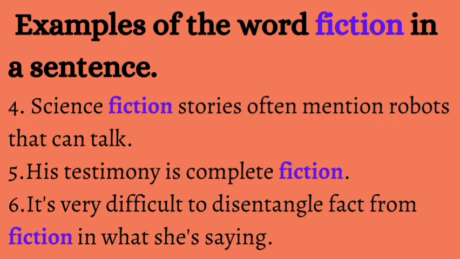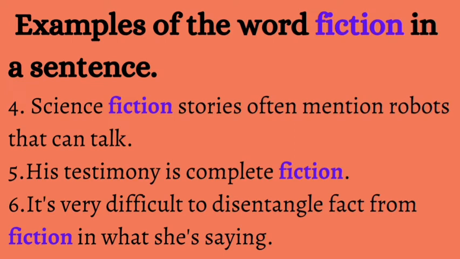Using fiction in a sentence, number four. Science fiction stories often mention robots that can talk. Okay, number five. His testimony is complete fiction. That means his testimony is made up. It's a lie, right? Because remember, fiction is made up. It's not real.